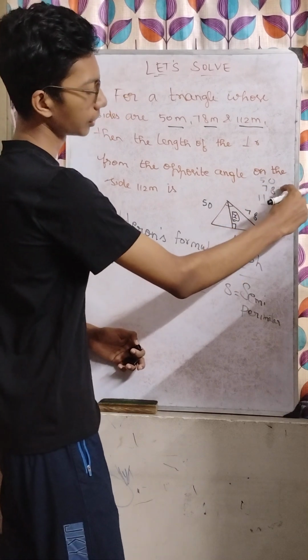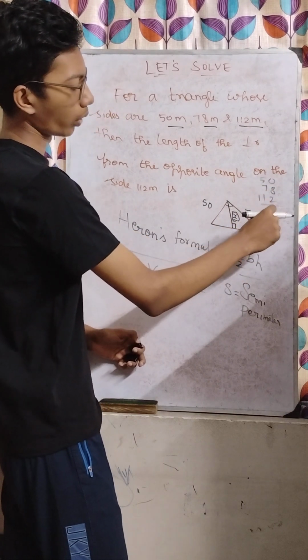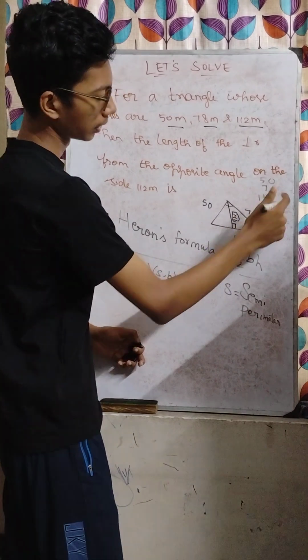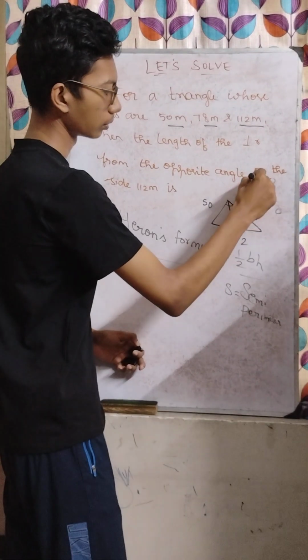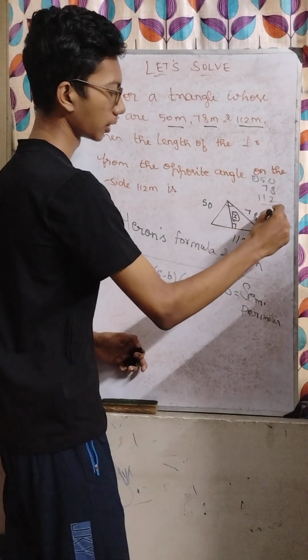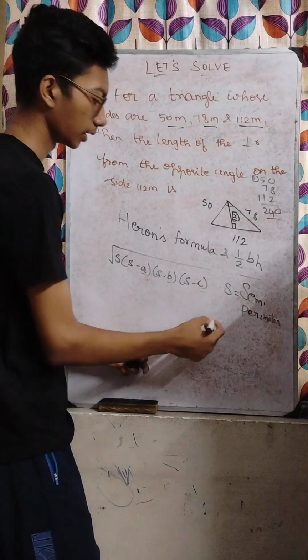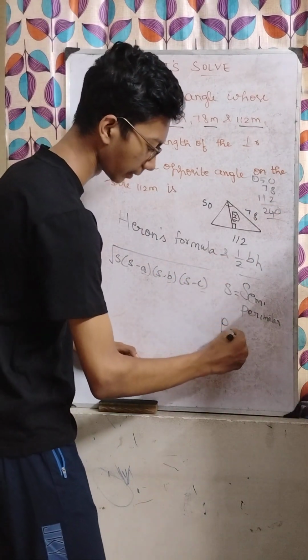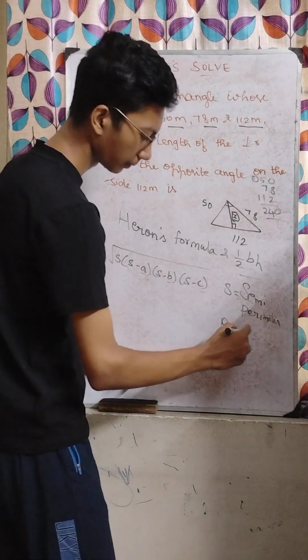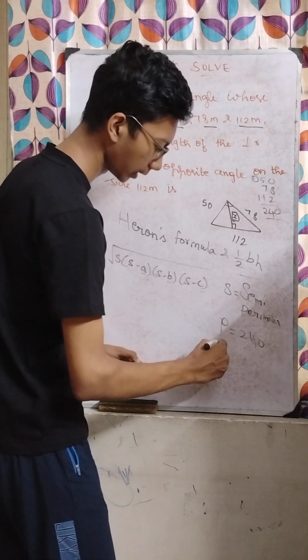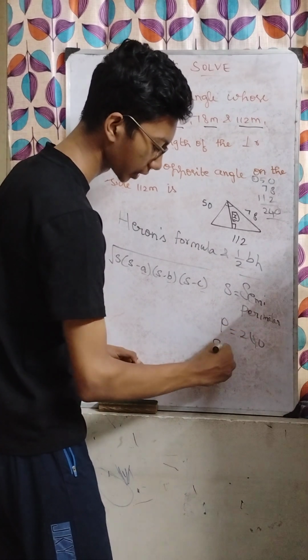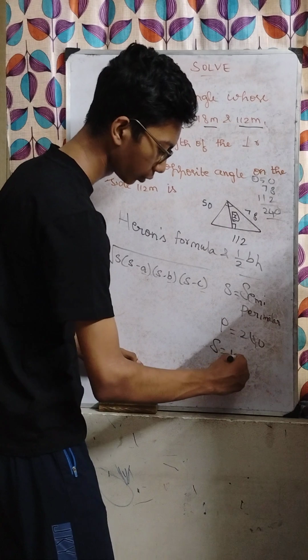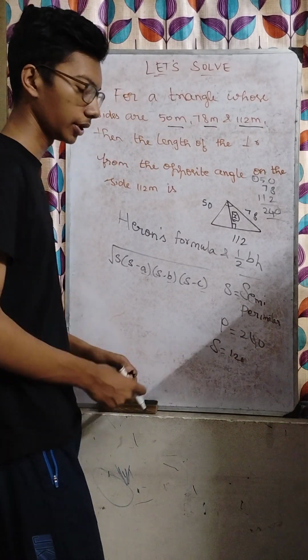If we add these two, we get 190. Adding 112, we get 240. That is the perimeter. For semi-perimeter, we need to divide that by 2. So S is equal to 120, that is 240 divided by 2.